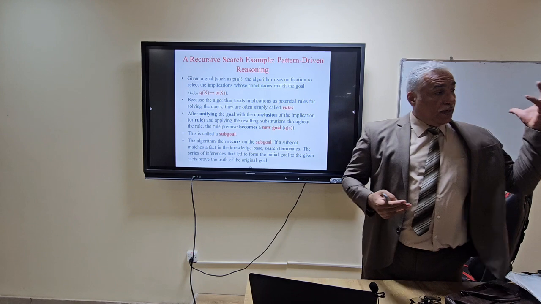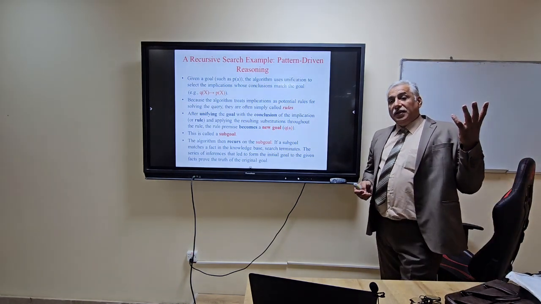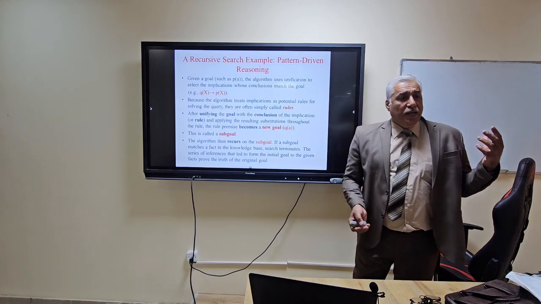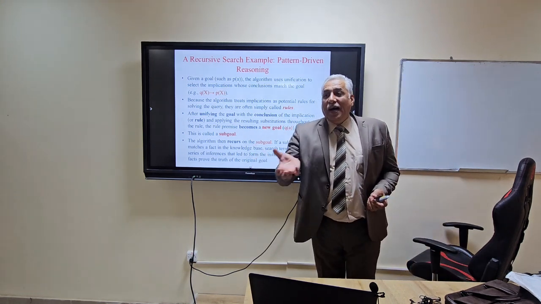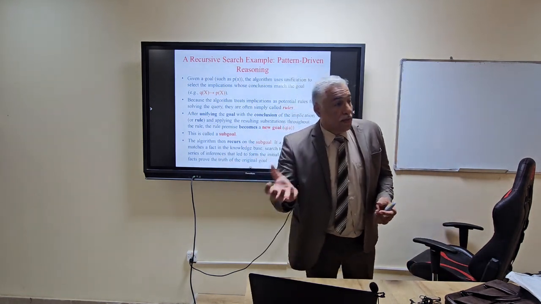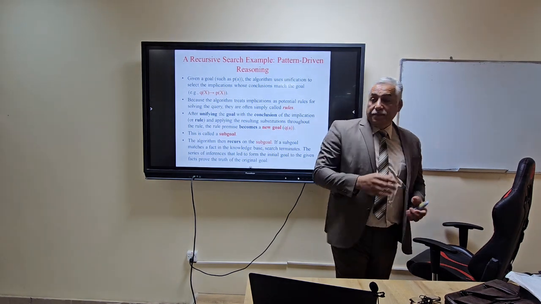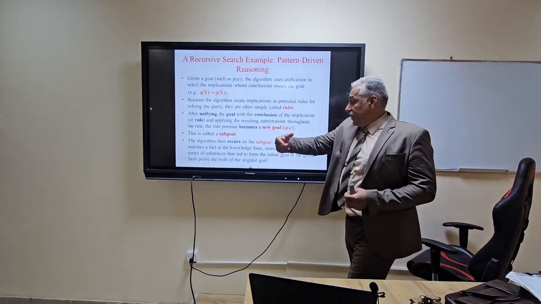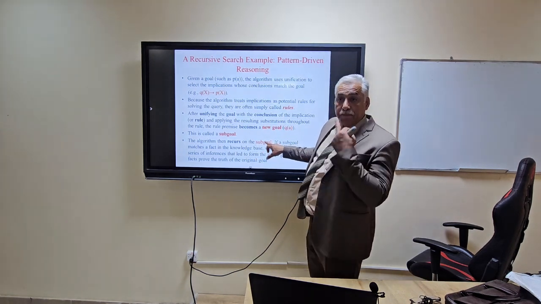From the goal, I get another condition, and implementing other conditions gives another new goal, and this new goal becomes a new sub-goal. The algorithm then recurs and repeats this on the sub-goal.